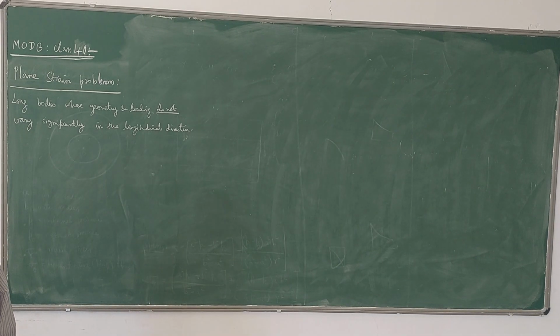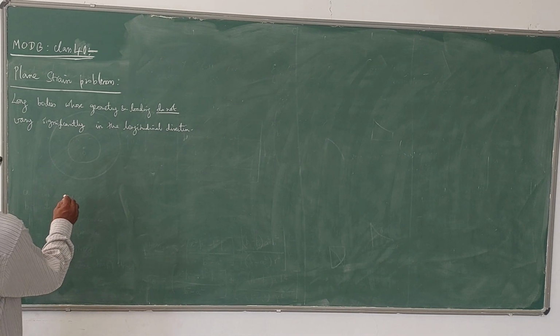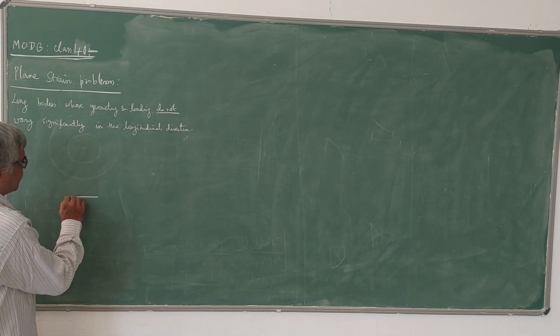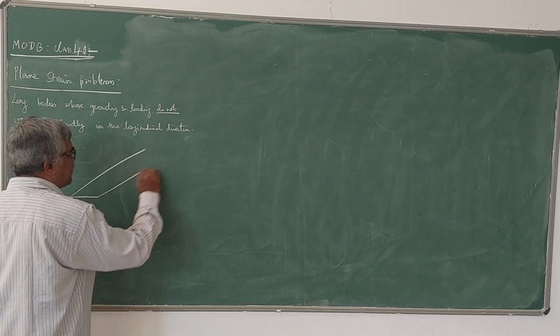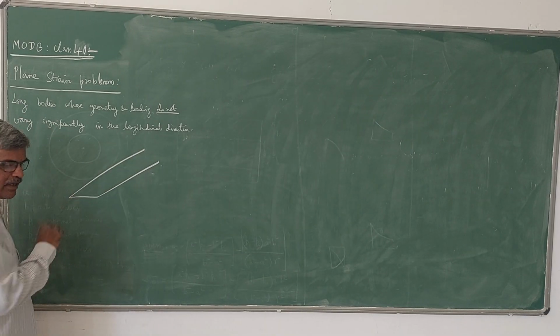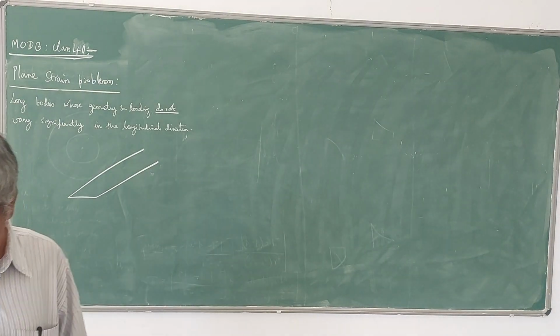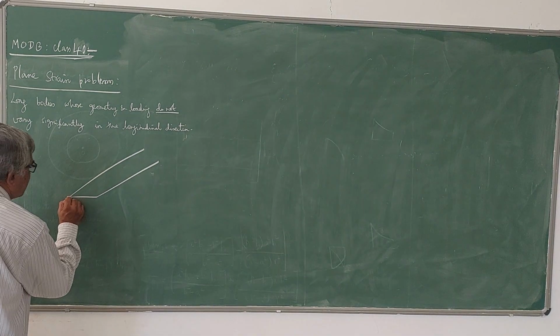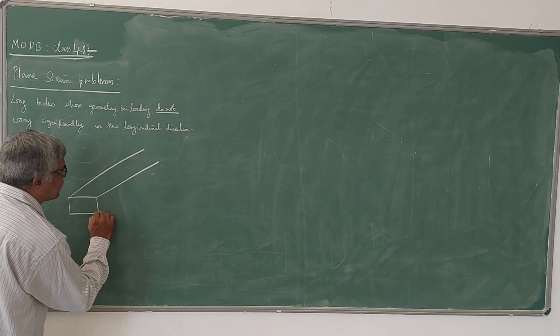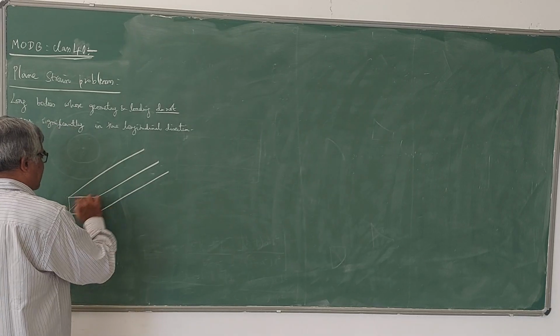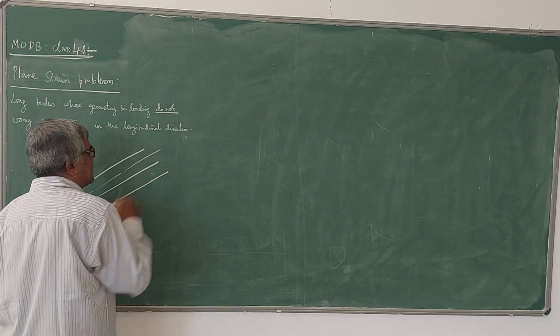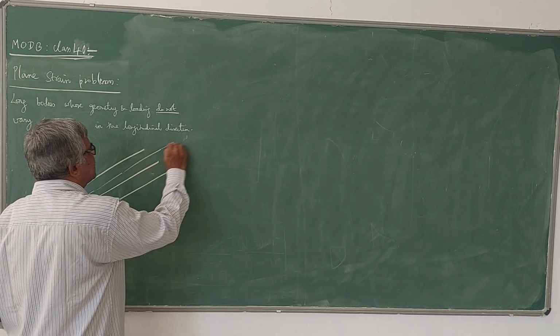So for example, if I take a long strip footing, it will be like this, length will be like this. You can have the width and depth. So length is along this direction. You can see this is the z direction, so z direction is taken as the length.